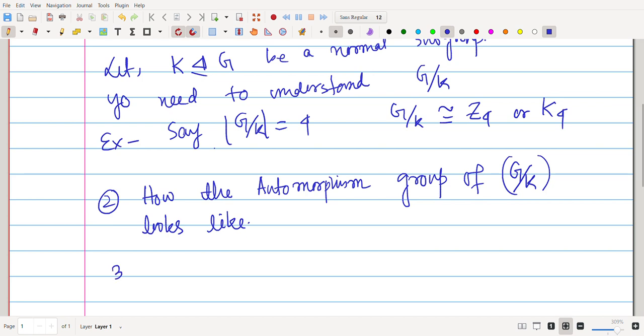And the third step is to know all possible subgroups of H.